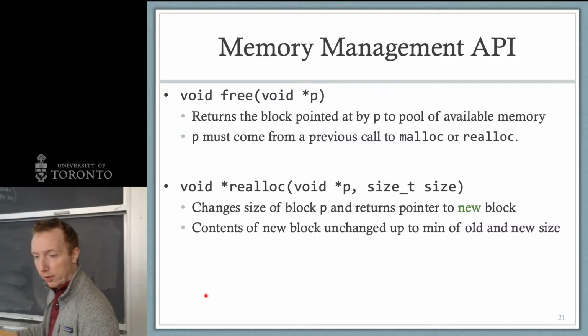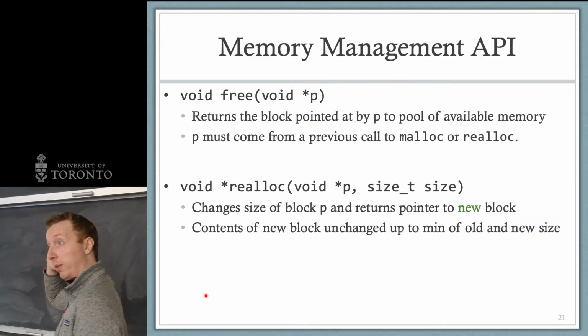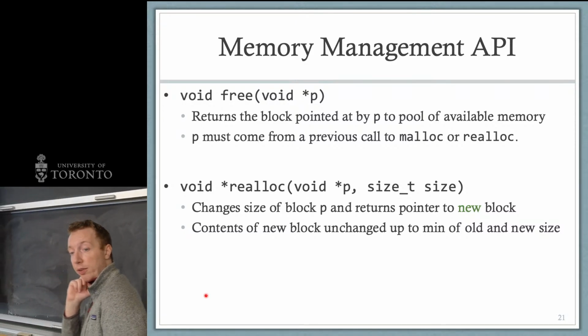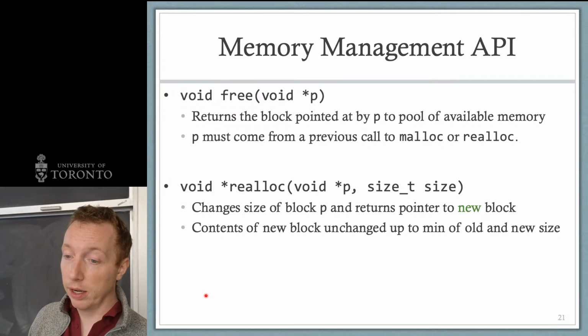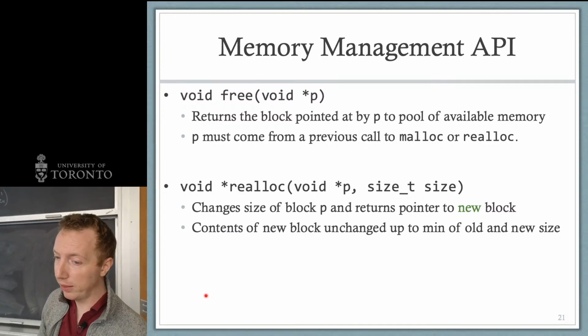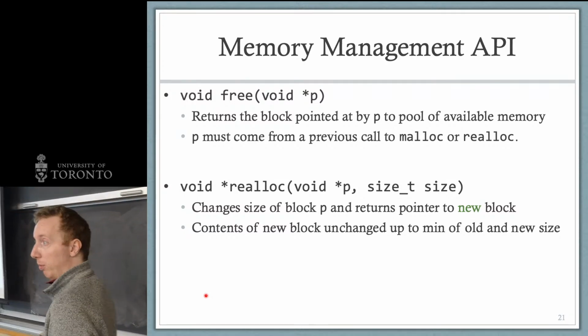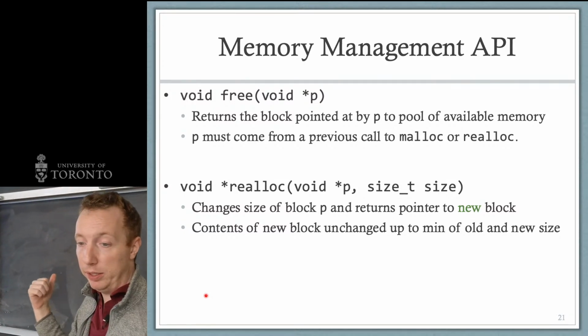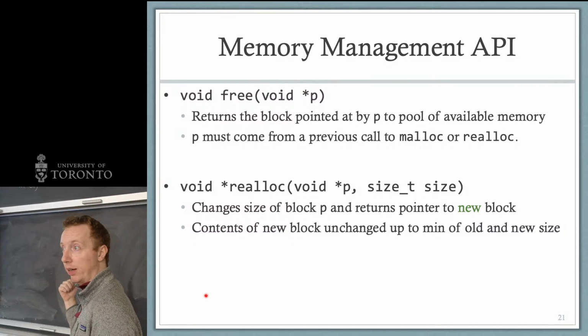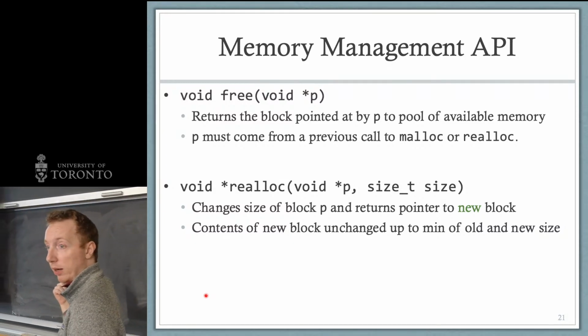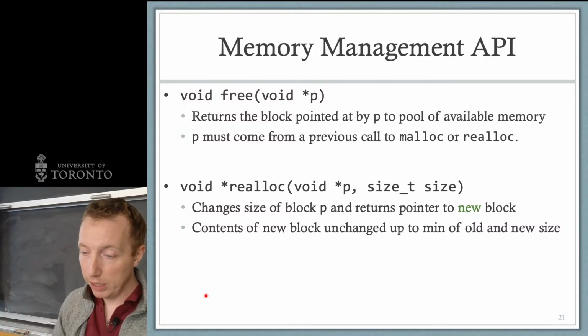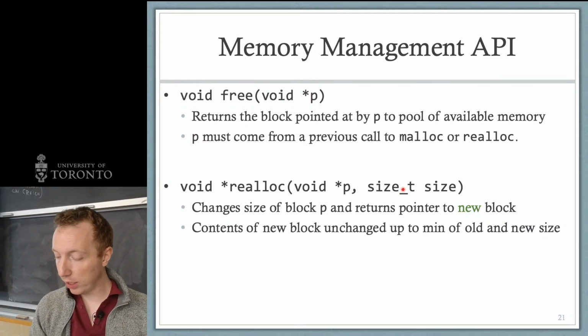The other things you'll be doing for lab 3: implementing free, which shouldn't return anything. It should just free the memory pointed to by P back to the pool of available memory so it can be reused, hopefully. P has to come from a successful call to malloc or realloc. Realloc, right, you give it a pointer and a new size.